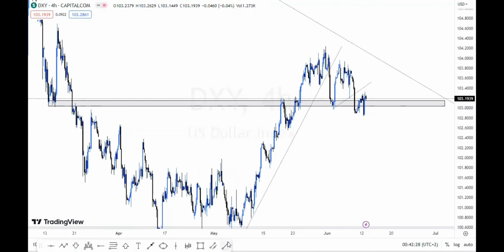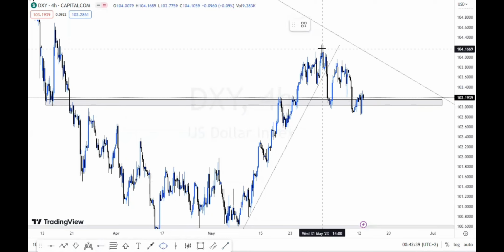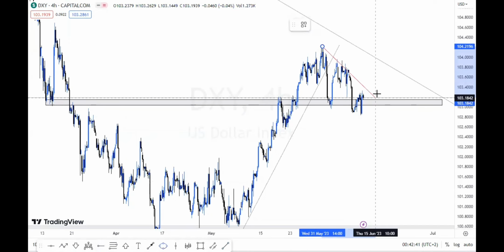If you really look closely, I might be reaching with all these trend lines, but you see what I'm talking about, right? Look at the highs that the price has been making ever since this high was made.